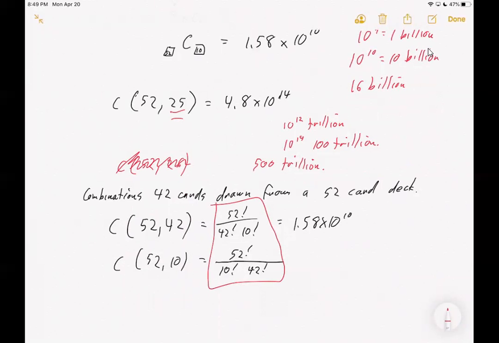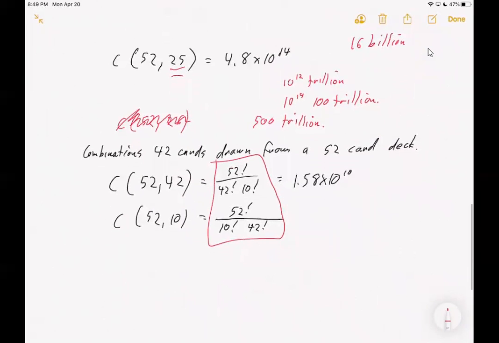So as we get past the halfway point in giving out the cards, the number of combinations actually drops. In fact, you can think of how many ways could you hand out the whole deck? Think about that for a second. And the answer is 52 factorial over 52 factorial, 0 factorial. And remember, 0 factorial is 1. So this whole result would be 1 because there's only one way you could hand out the whole deck.